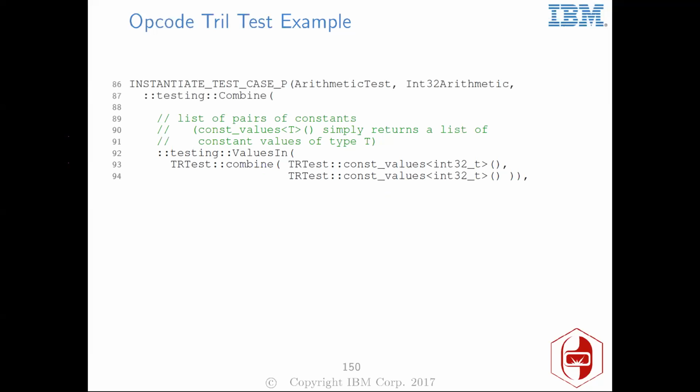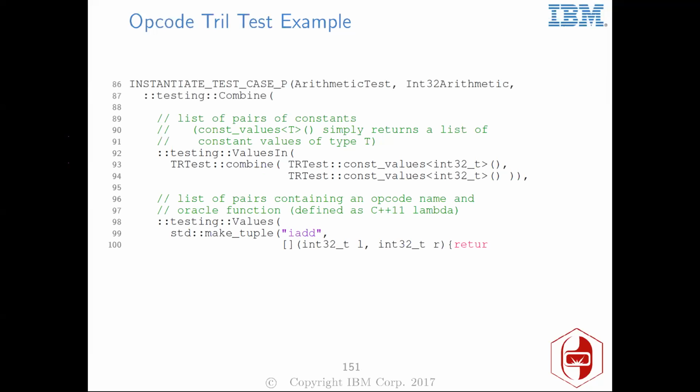So notice that we are doing two Cartesian products here. The second value we're going to provide to Google Test's combine function call is a list of tuples with the first element being the name of the opcode we're testing, and the second element being an Oracle function, which in this particular case I am defining using C++11 lambda syntax.